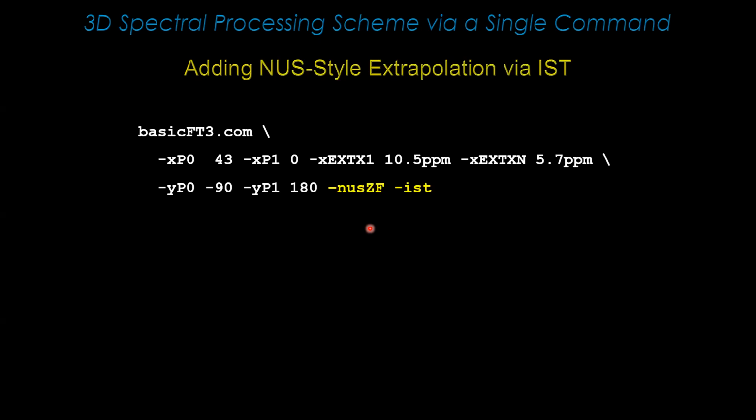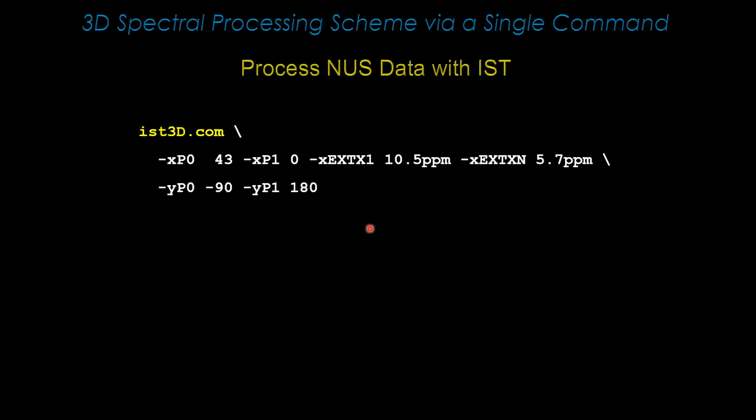Part of the motivation for building the scripts this way was to support a particular workflow for multidimensional NUS data. And what we recommend as a workflow for non-uniformly sampled data, and we'll see some very specific examples of this soon, is that the way to work with this data is to first do an ordinary Fourier transform.